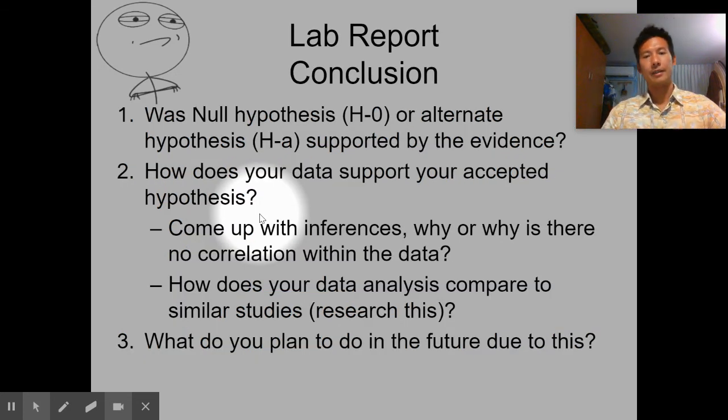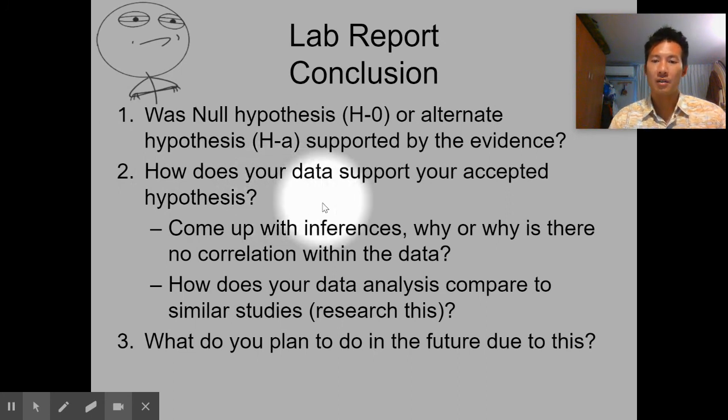Lastly, the conclusion section. Your first statement will be whether your null hypothesis or your alternate hypothesis was accepted. Secondly, how does your data support your accepted hypothesis? Now this should be a pretty large paragraph, explaining how your data supports it.